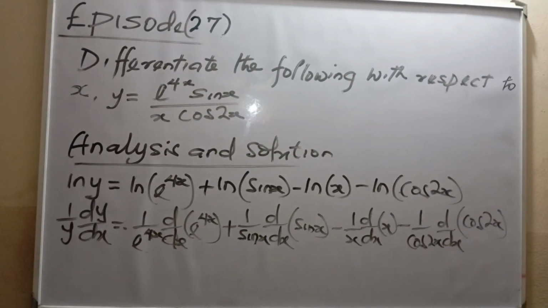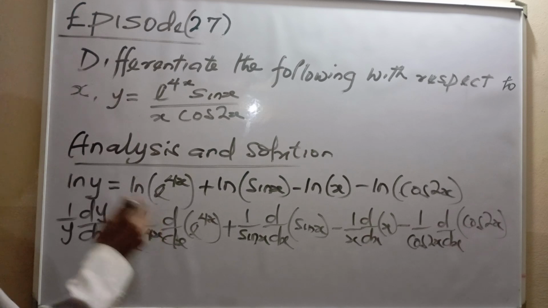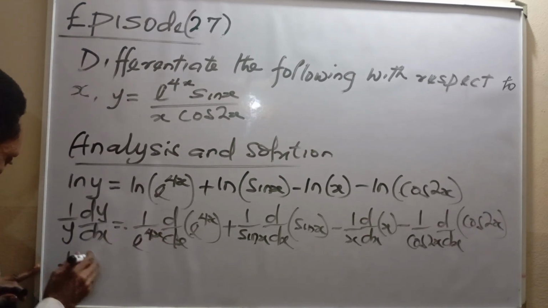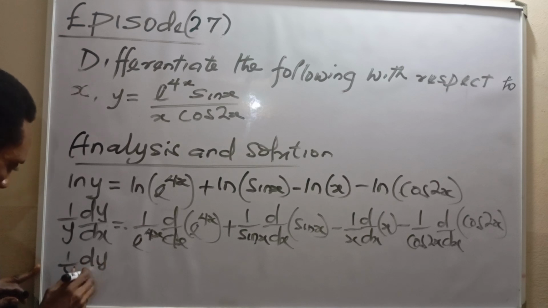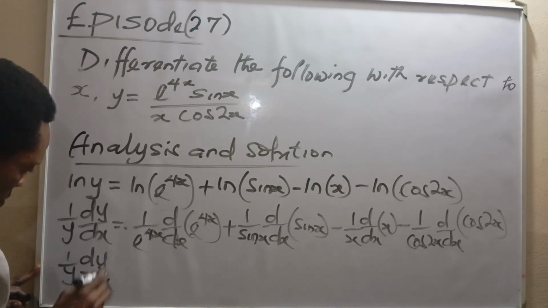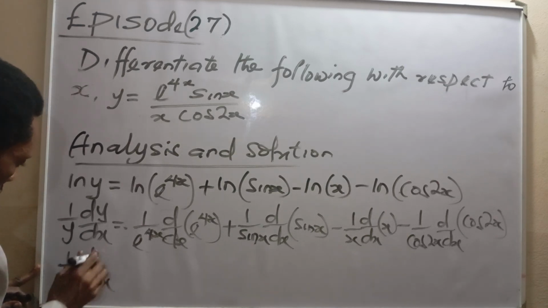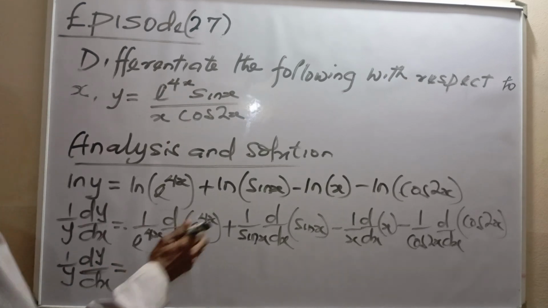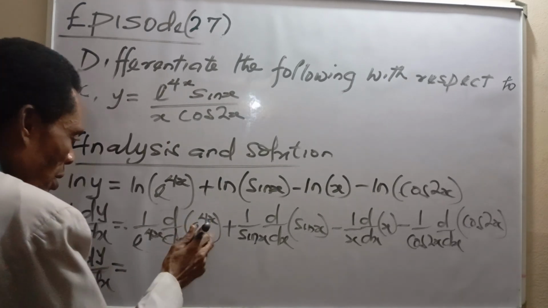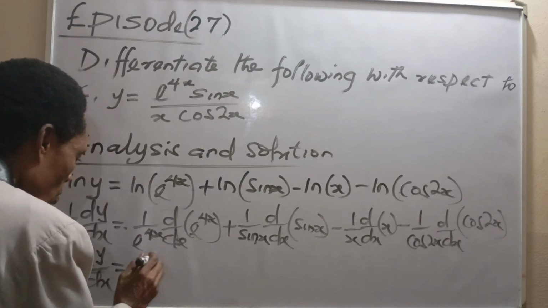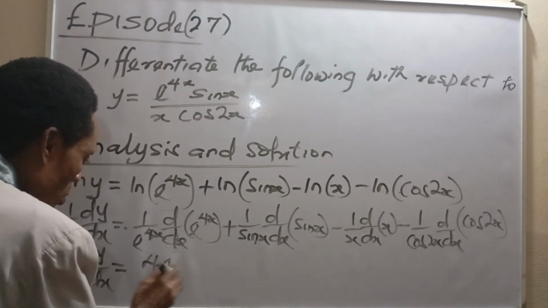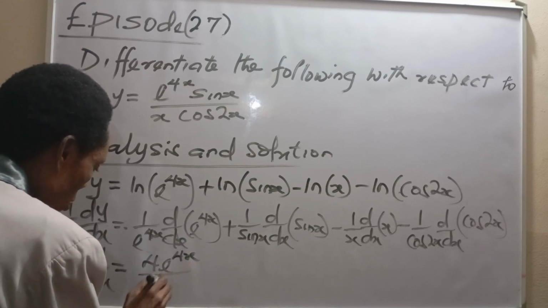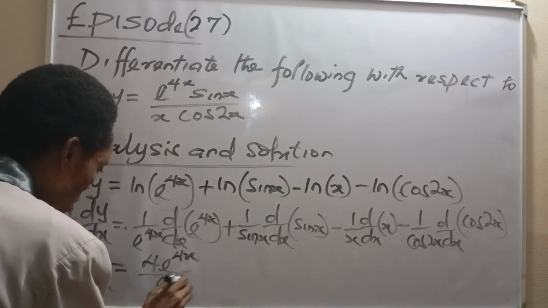Okay, now we have to differentiate. So 1 over y, dy over dx, equals, so the differentiation of this one now will be 4 e^(4x) all over e^(4x).